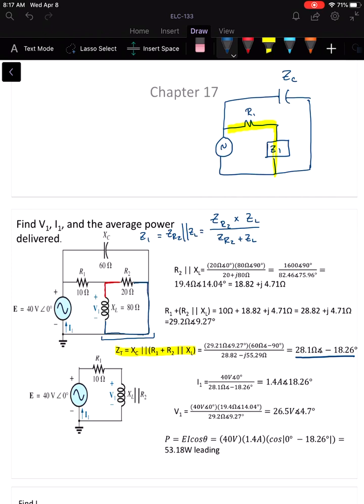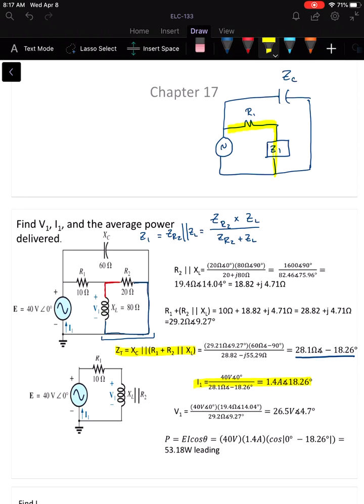That's going to allow us to use Ohm's law to solve for I1 right here. So I1, or the source current, is 1.4 amps at 18 degrees. All right, so there is the first thing we were looking for.